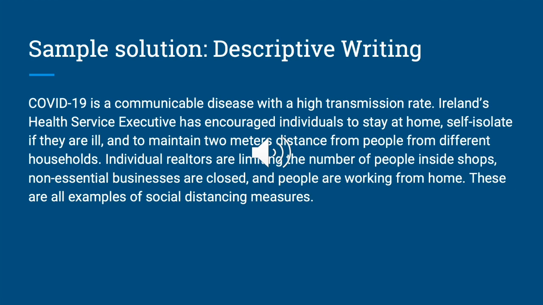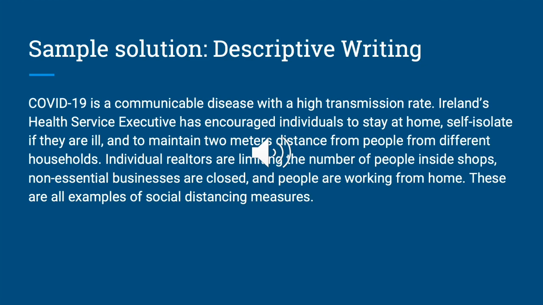Okay, so this sample solution is much stronger than the previous solution because it gives us examples of analytical writing, and it also demonstrates some of the effectiveness of social distancing measures.